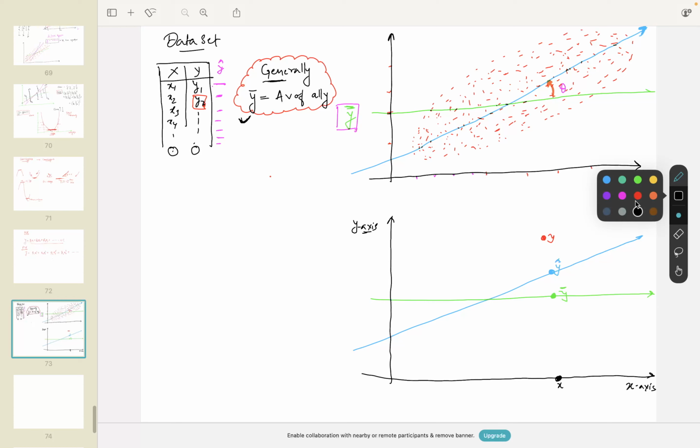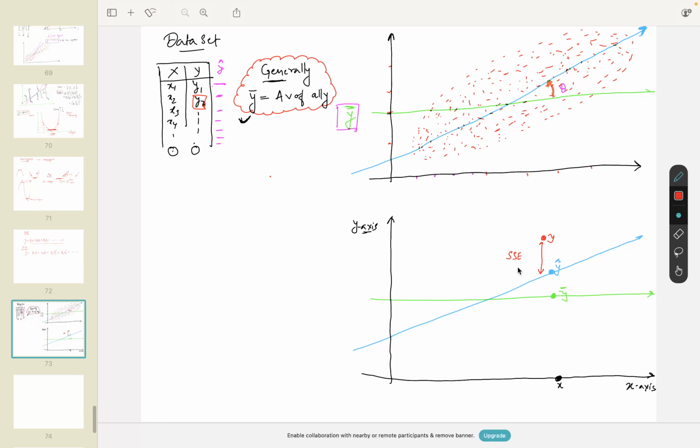So the error, just try to understand the error part between this and this is known as SSE, that is sum of square of error, between the actual value and the value predicted by the machine learning algorithm.